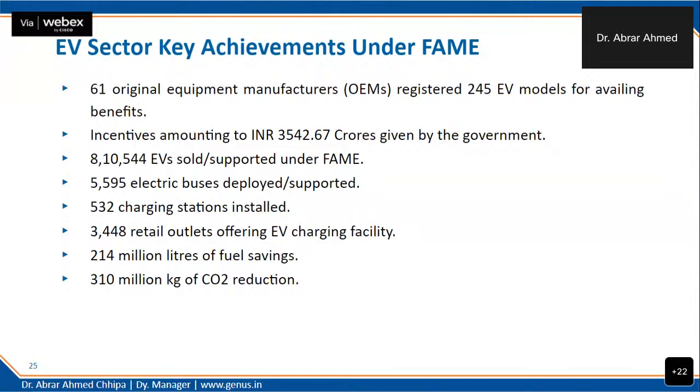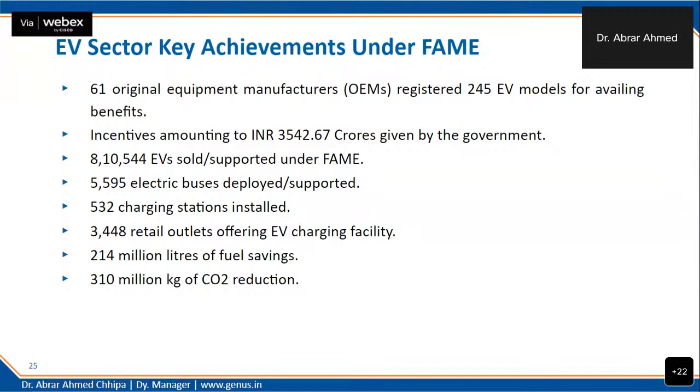In total, it is going to be soon approximately 1 million vehicles under the FAME scheme, and approximately 5,600 electric buses deployed and supported in various states by the government, and 532 charging stations installed under the FAME 2 scheme.